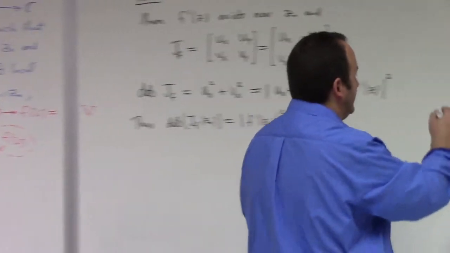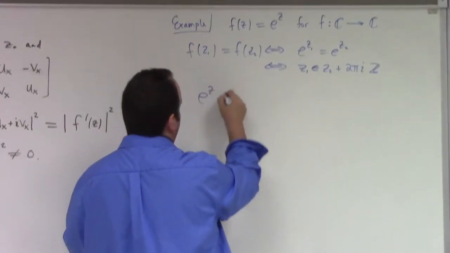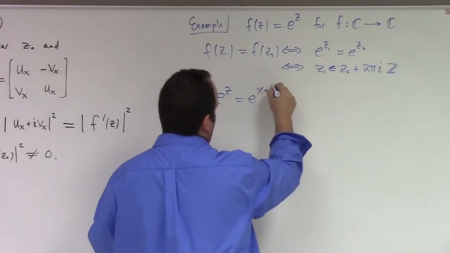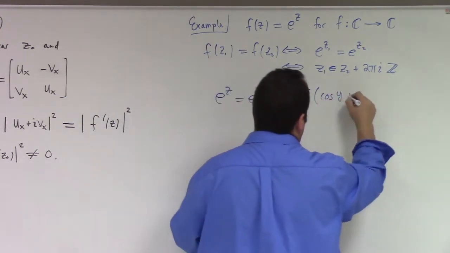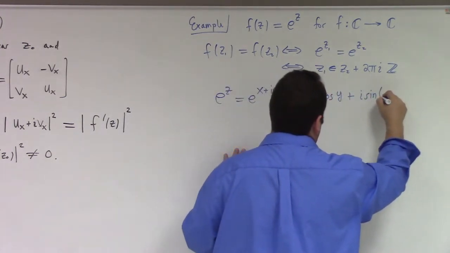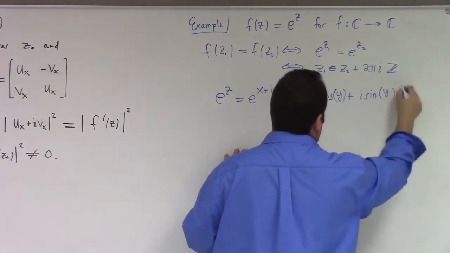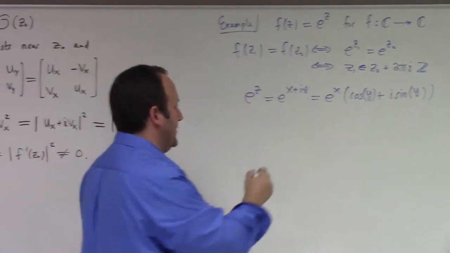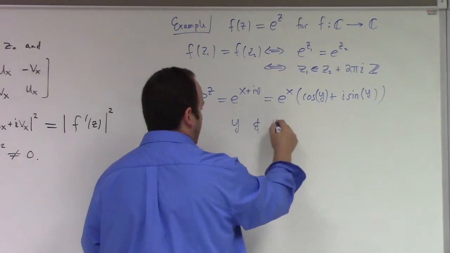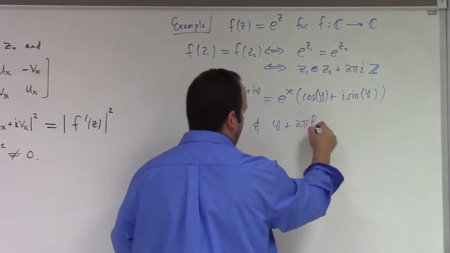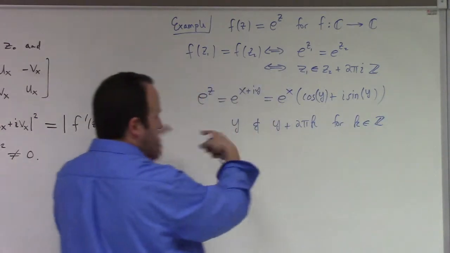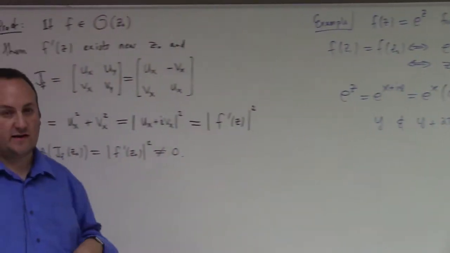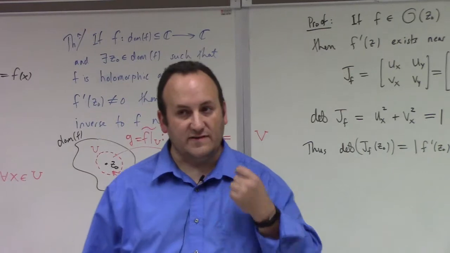Remember, what does e to the z look like? If you forgot, this is it, right? So the point is, if we look at y, and if we look at y plus 2 pi k, for k in the integers, then both of those output the same sine and cosine, and so give us the same exponential, right?